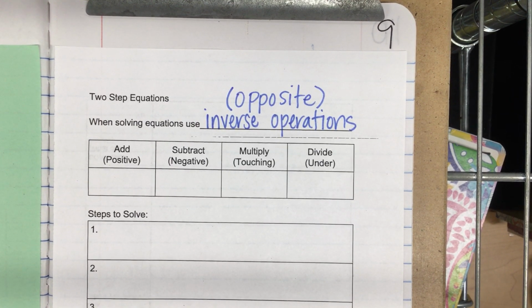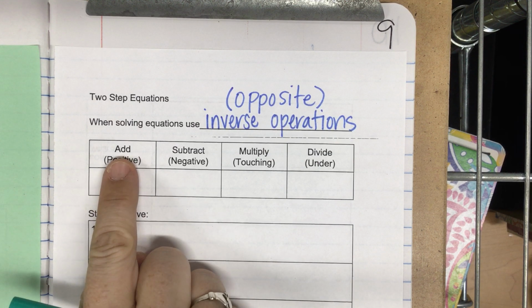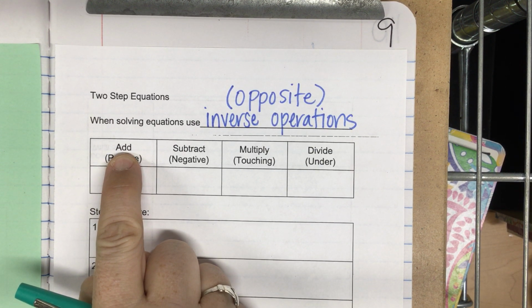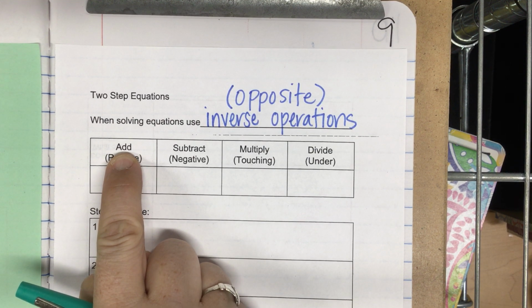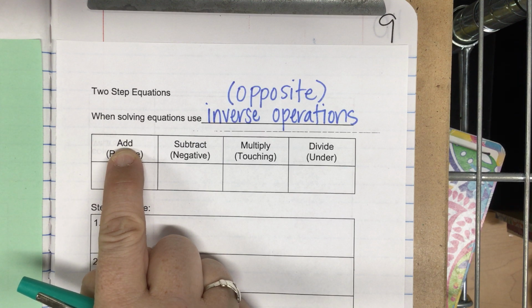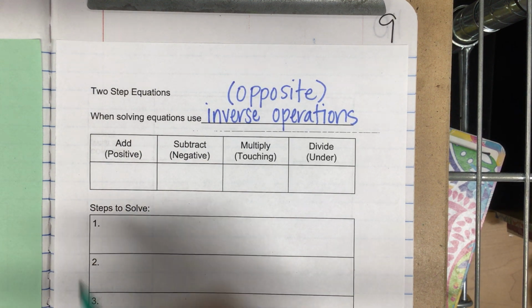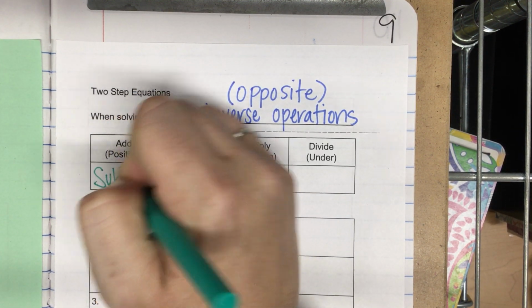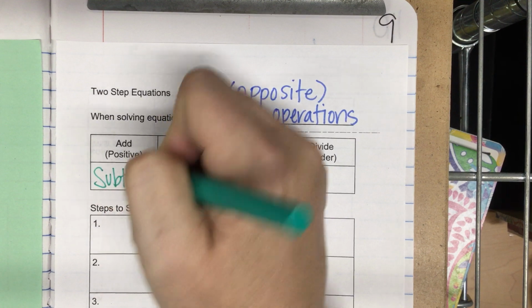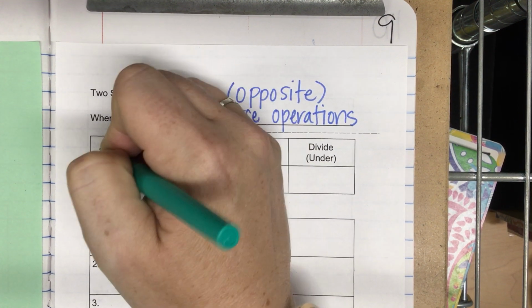Aurora, what's the opposite of add? If I was going to do the opposite of adding, what's the opposite of adding? Subtracting. The opposite of adding is subtracting.